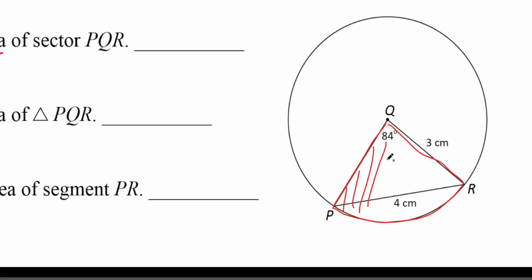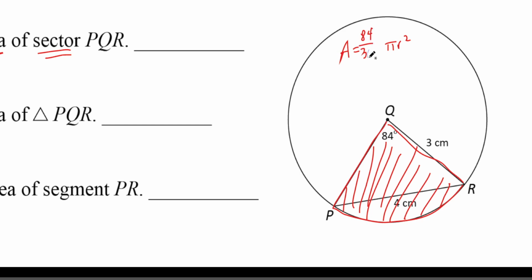It's all of this. That's what we're trying to find. That's what the sector is. It's actually very easy. If you know the area of a circle, which we just went over, pi r squared, you got it. 84 divided by 360 pi r squared.